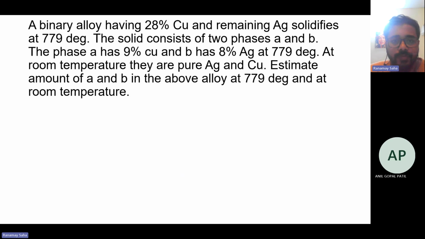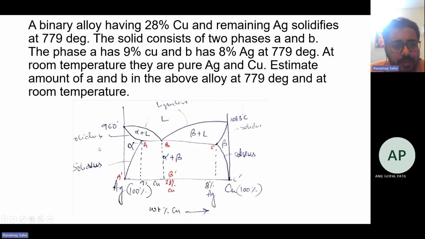So I'll give you the phase diagram for this question to help you out. Just try and solve it, then I will discuss the solution with you.